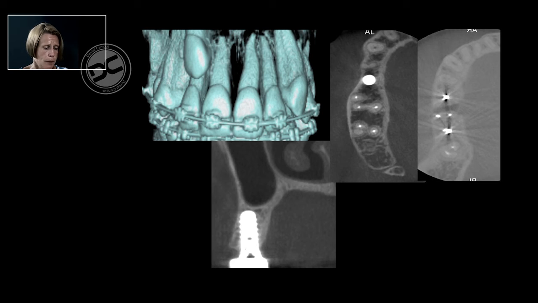In this example, this typical patient has a good cortical bone and a good trabecular density, and this allows a good visualization of this implant without too many artifacts. This is also caused, once more, because the cone beam that is used here has a good reconstruction algorithm avoiding metal artifacts.